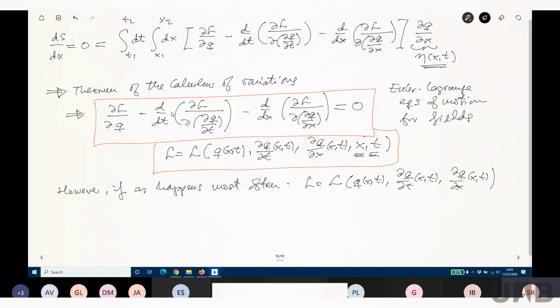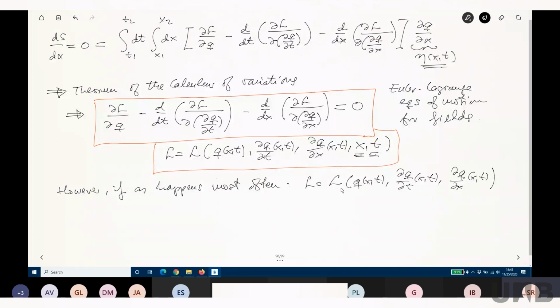Then what difference does it make whether I take the total derivative with respect to time here or the partial derivative? When I take the total derivative with respect to time, of course, I'm taking the derivative with respect to this time dependence, and also this time dependence. But if there is no time dependence here, then this total derivative becomes a partial derivative.